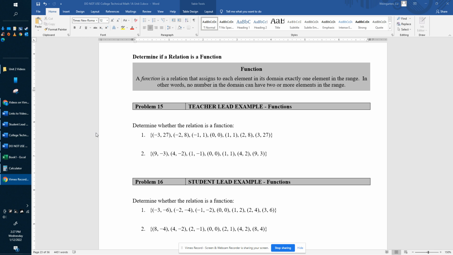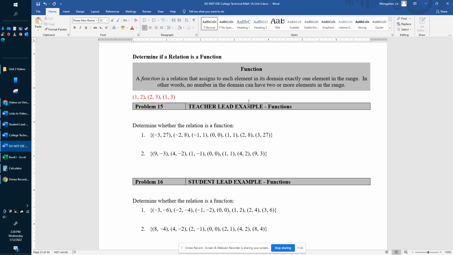So what that means is if you have a number in the domain, it can't have two or more elements in the range. So if we have items listed in the domain, let's throw an example up here. So we have (1, 2), (2, 3), and (1, 3).